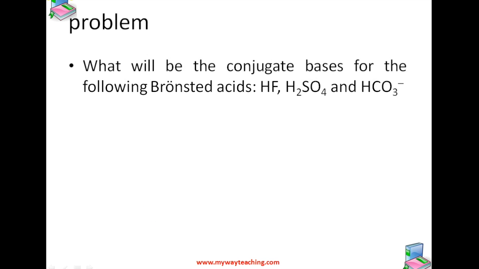Next problem. What will be the conjugate bases for the following Bronsted acids? HF, H2SO4 and HCO3 minus.